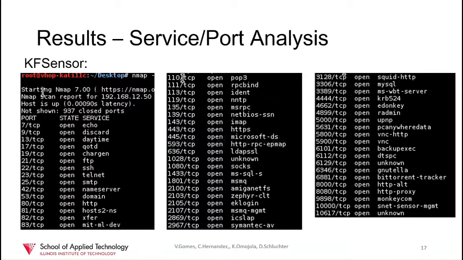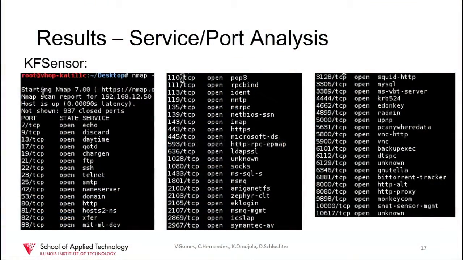So this is our port scan of KFSensor. Just to be clear, this is the out-of-the-box configuration of KFSensor. Since it's a GUI, if you just hit next, next, next, you're done. This is what it's going to look like out of the box. It's easy to turn these services off, but you have to do it. So this is just to show you an example of what way too many services and open ports looks like on a poorly configured honeypot.